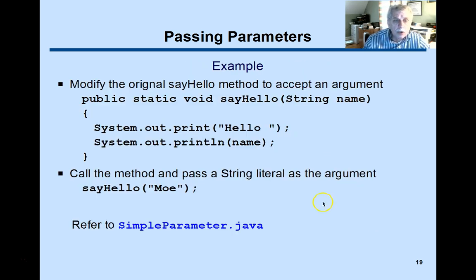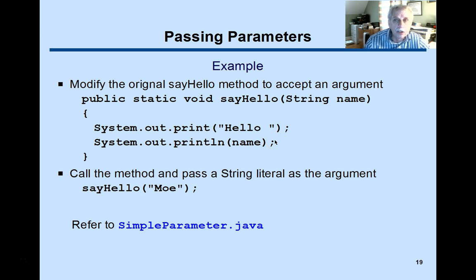So here's an example from a program called simpleparameter.java, where we have say hello, but say hello is a little bit more exciting than it was before because now we're passing something into it. We're passing a string and a reference variable to some string object. So we get that string reference, and then we say, let's print out hello to the console, followed by let's print out whatever name is pointing to.